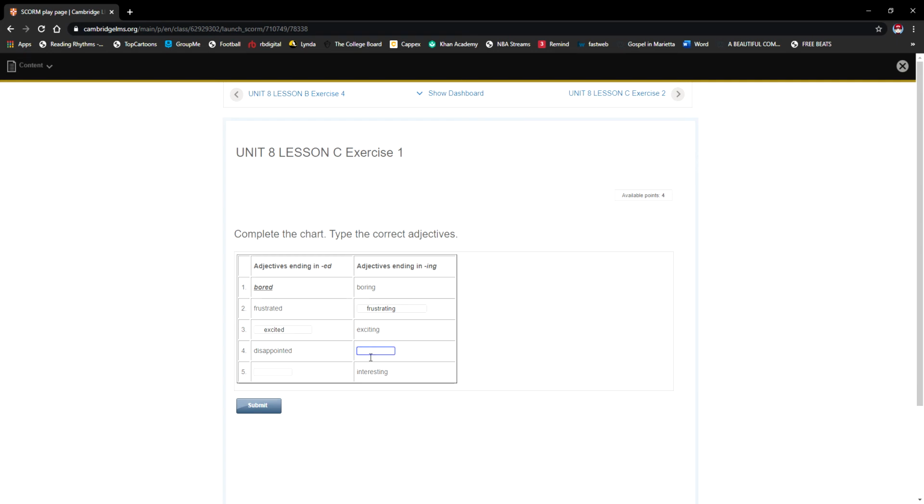Number 4, disappointed. The root of the word is disappoint, and ing. Disappointing. Okay? Interesting. The ed form is the root interest, and ed.